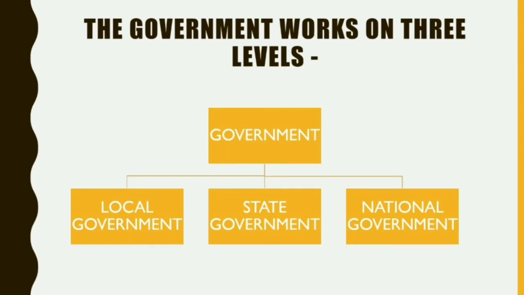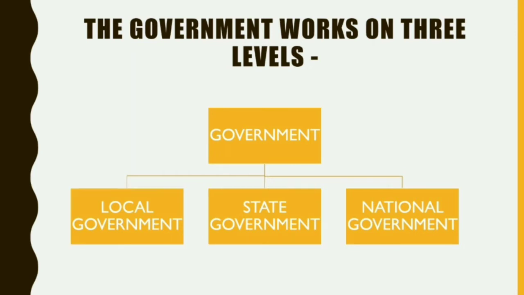It takes decisions that affect the whole country. Each state has a state government to look after its concerns and issues. It shares the burden of the central government, as specific problems of the states are taken care of at this level itself, that is, by the state government.